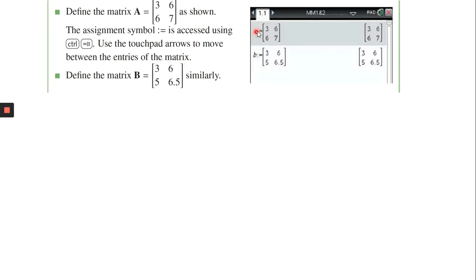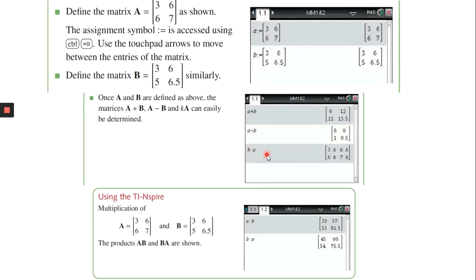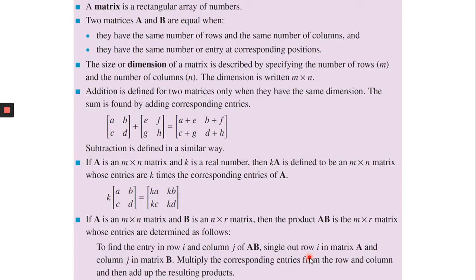So if we define that matrix, you do A colon equals, B colon equals, then you can do all these sort of things. So then you can do A plus B, A times 7, or any sort of number. But probably the more useful thing is the multiplication. These ones are quite easy anyway, aren't they? Do these in our head. These ones are much more tricky. So this is a useful way of using your calculator. Of course, you need to clearly see there that A times B is not the same as B times A.